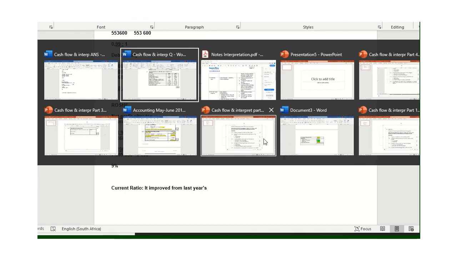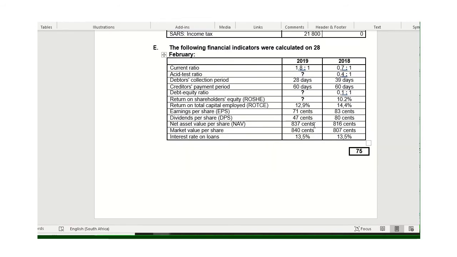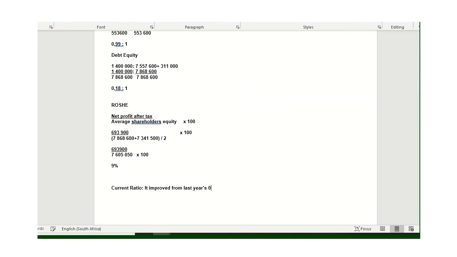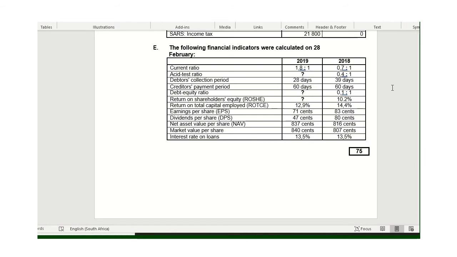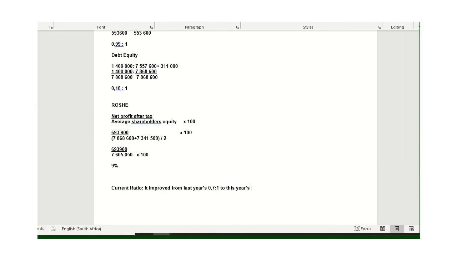They want figures, so don't just say it improved or whatever. Last year it was 0.7 to 1, so 0.7 to 1 to this year's. This year it was 1.8 to 1. So that is the first one.